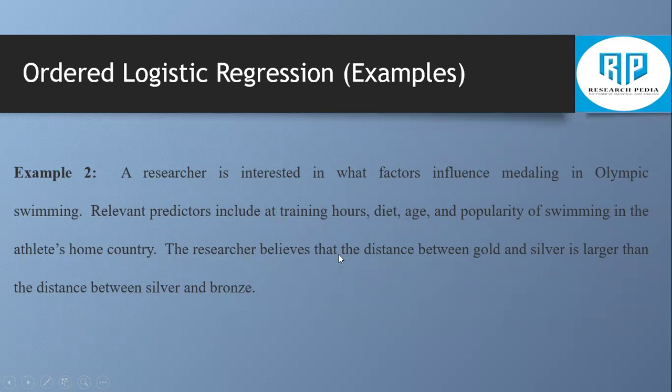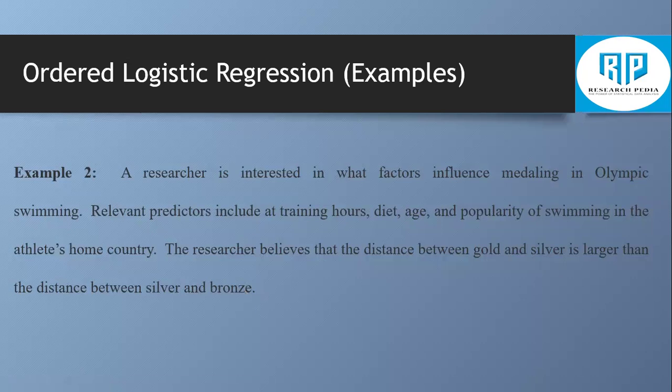The researcher believes that the distance between gold and silver is larger than the distance between silver and bronze. So you are going to discuss the impact of these independent variables on different types of medaling, whether it is gold, silver or bronze medal. They are different from each other.